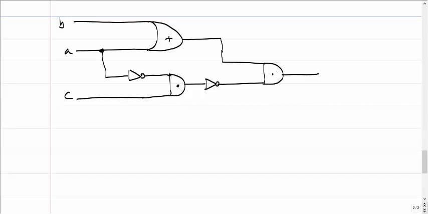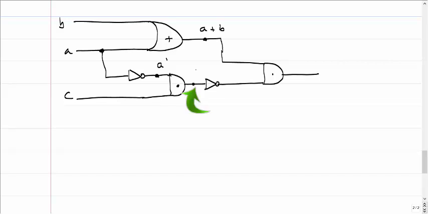Let's look at this circuit. If we took this circuit and the question was, how could we simplify this? What we would do is rewrite this as a Boolean algebra expression. So let's look at this point first, and that bit would be equivalent to A plus B. At this point, we would have A complement.